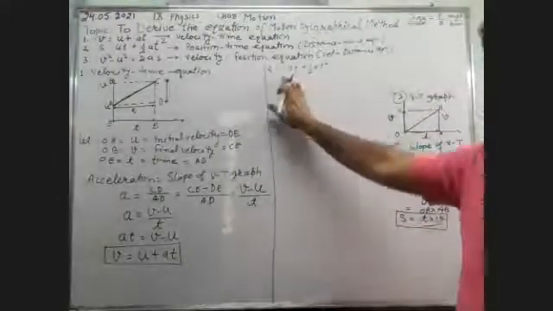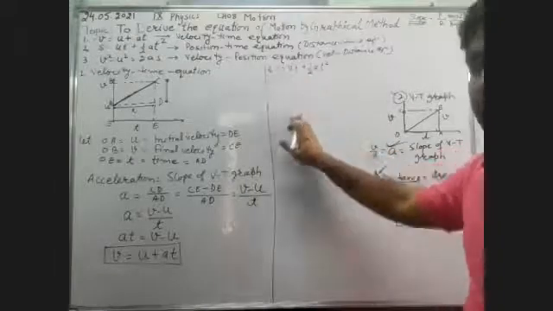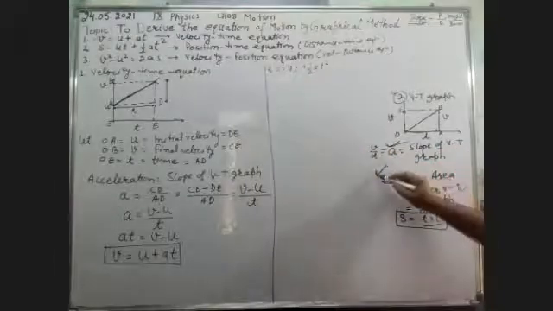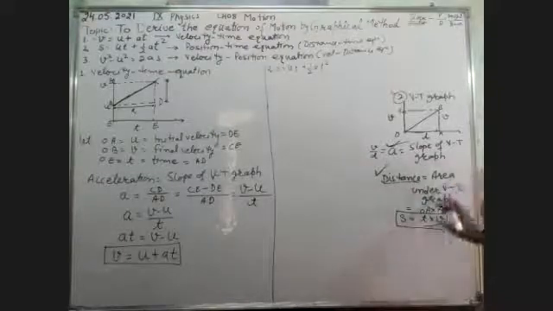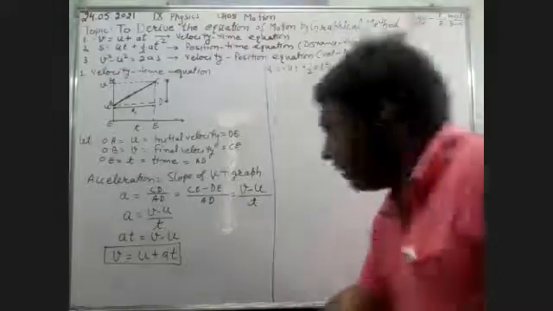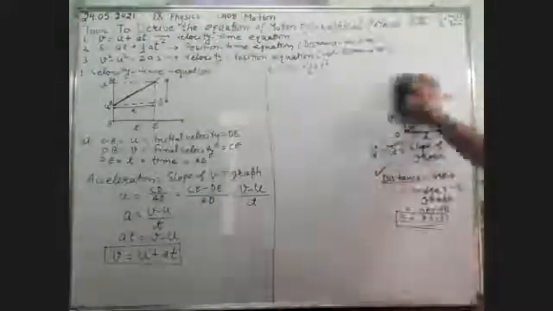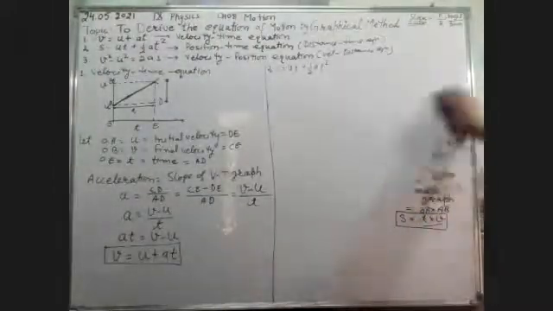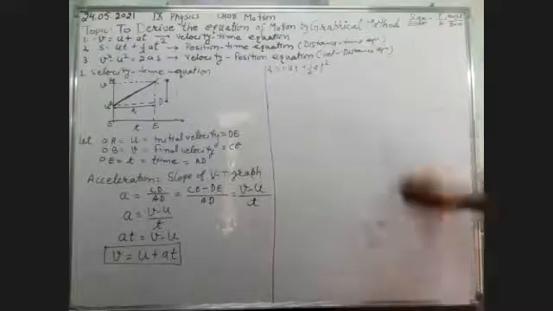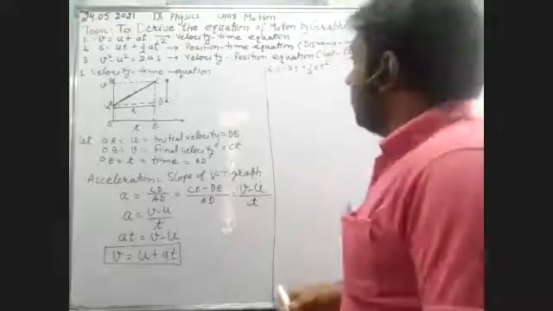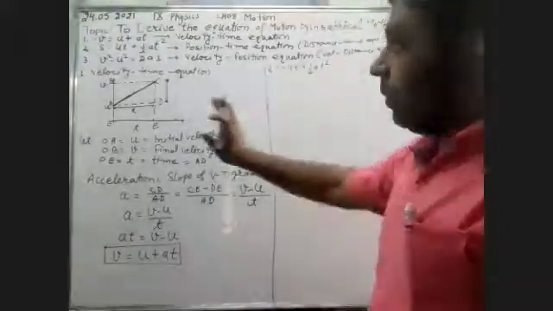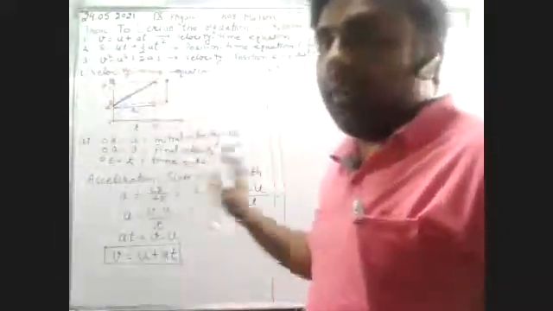So students, to calculate the third equation and fourth equation, we have to remember this formula. Distance is equal to area under the VT graph. So we are using the same graph every time.